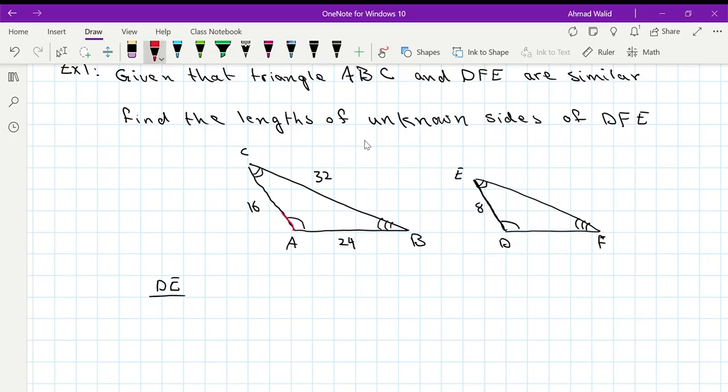I'll make it red. AC, correct? DE over AC must be equal to another corresponding side, DF from the smaller triangle, over the corresponding side for DF. You see the corresponding side for your DF is AB, right?